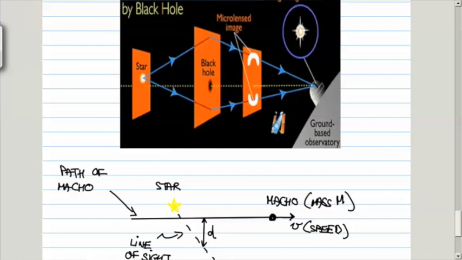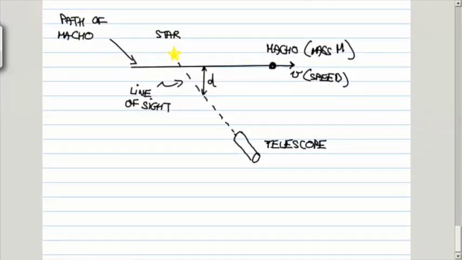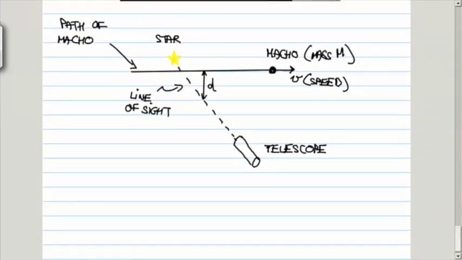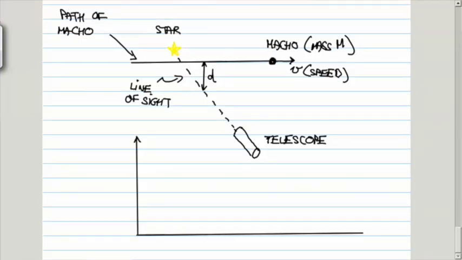So if I plot the observed brightness of a star as a function of time, once the MACHO is closest to the line of sight, I will see an increase in brightness.